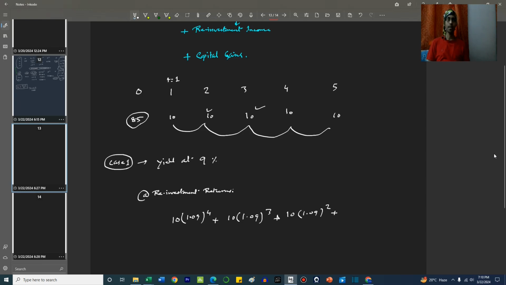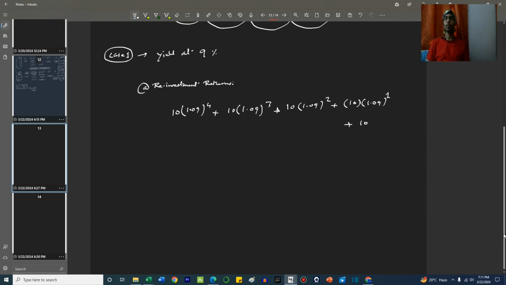This is 1 time, 10 into 1.09 to the power 1. And this one will be received at the ultimate period, so this is 10. Now at the ultimate period, say the maturity amount received is at par, so this is 100.